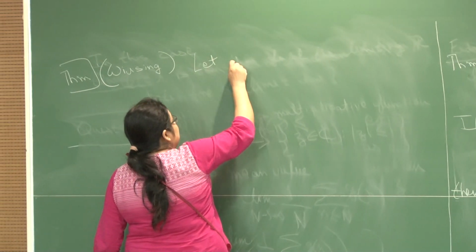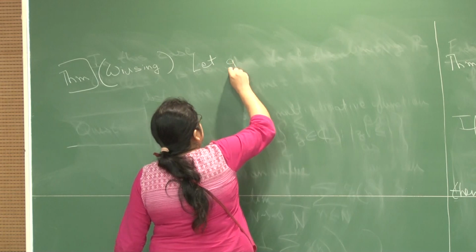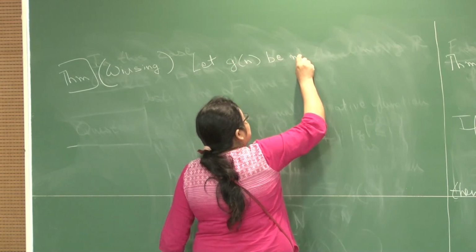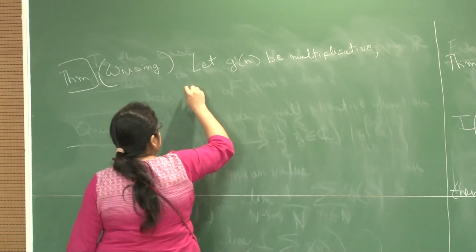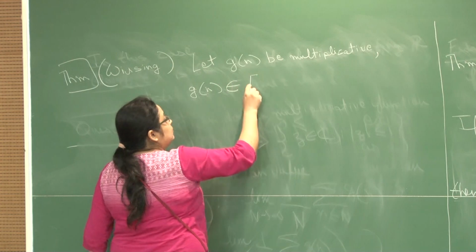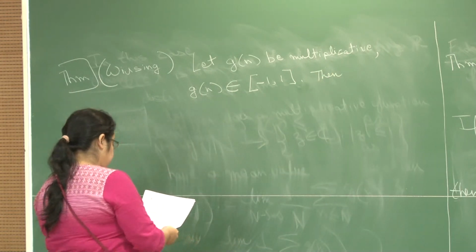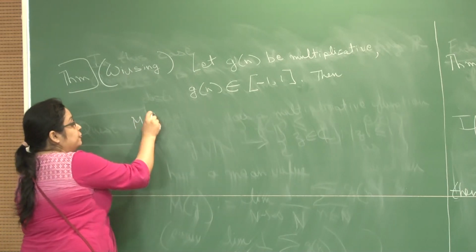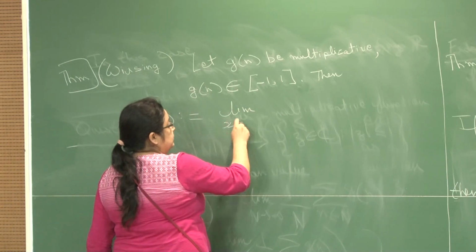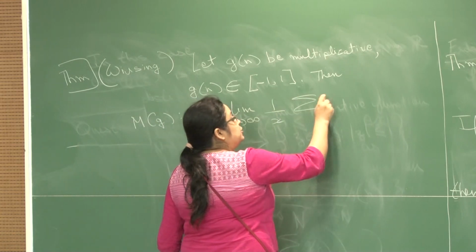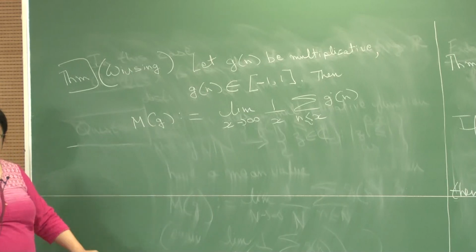What this says is that if you have a multiplicative real valued function g taking values in the interval minus 1 to 1, then the mean value of g, defined as the limit of 1 over x summation g of n up to x, will always exist.